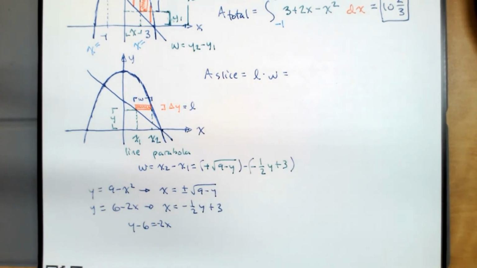So I'll just use this width and integrate where we have all these y's. And y goes from 0 to 9, so that's it. I'll integrate this from 0 to 9, right? Let's take this, use it all the way up, because it's always the left side is the line, the right side is the parabola.